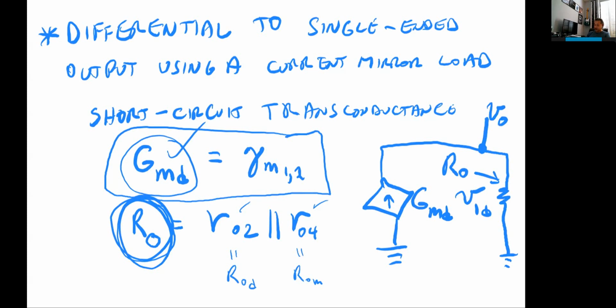And now I can define a differential gain that is going to be the single-ended output divided by the differential input. And you can see that that's just going to be given that circuit that I just drew.